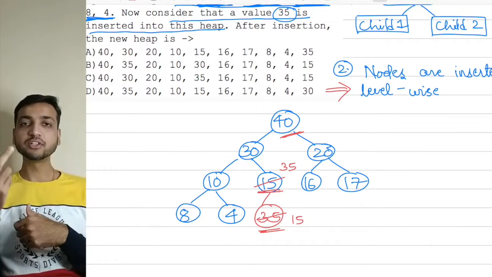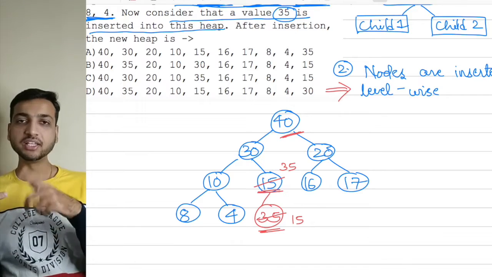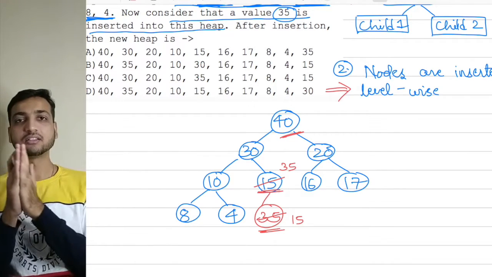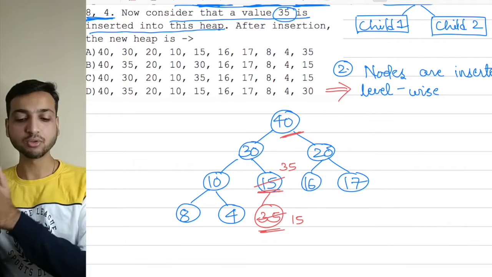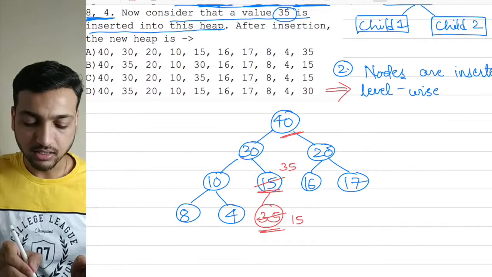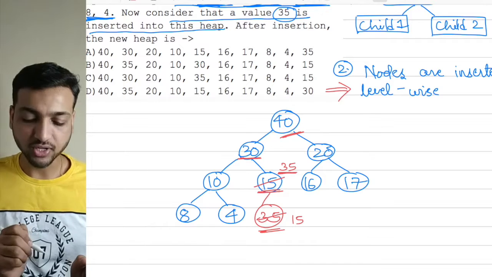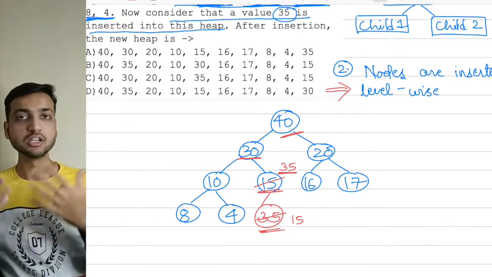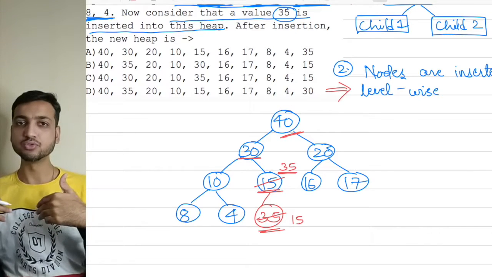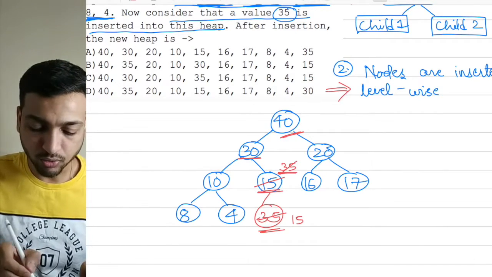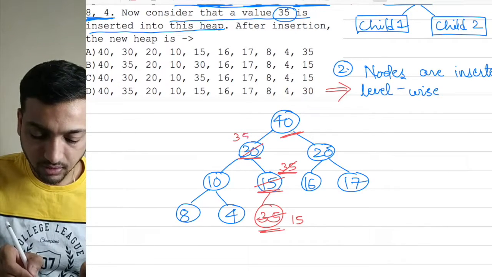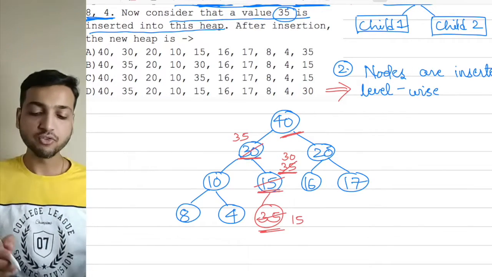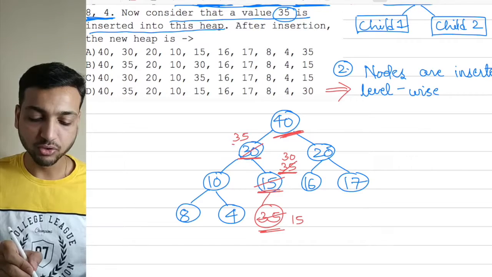After we do this bubble up operation, we keep checking the parents in the levels above. Now 30 is the parent and 35 is the child, and the value of the parent is not greater than the child. So again, we do bubble up: 35 goes up here and 30 comes down. They just swap with each other. Now 40 becomes the parent of the new child 35.